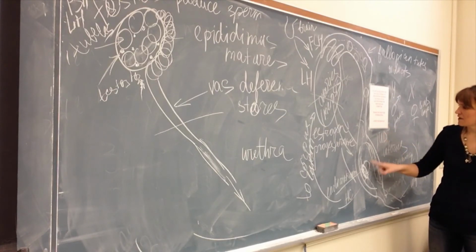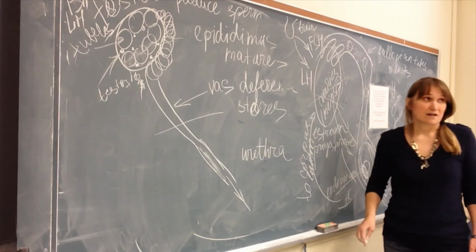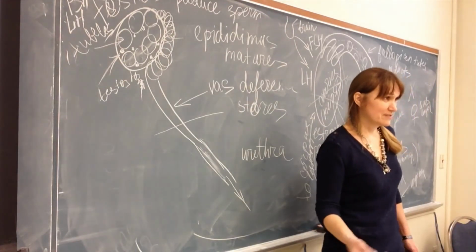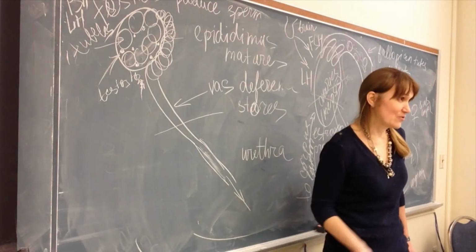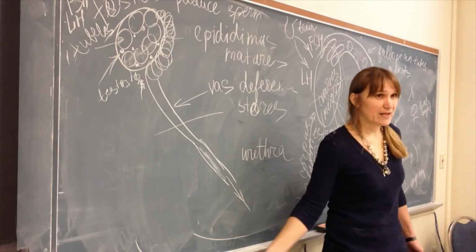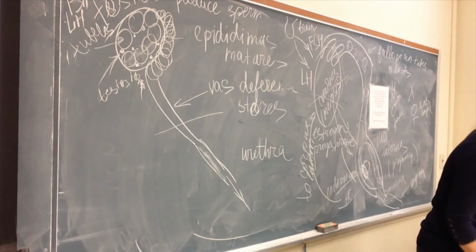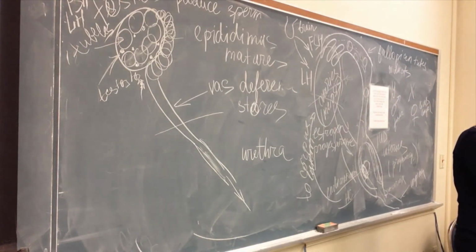IUD device, if implanted in the uterus, makes uterus believe that the pregnancy is already there, so uterus will not let the other egg implant.